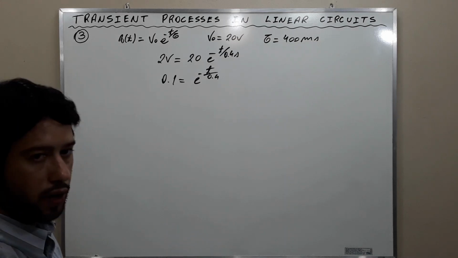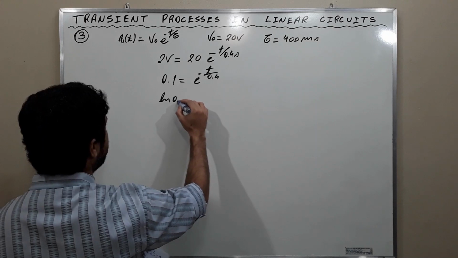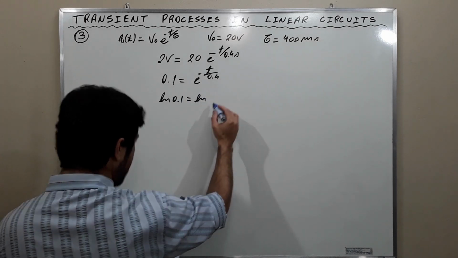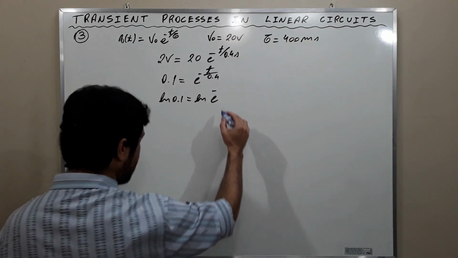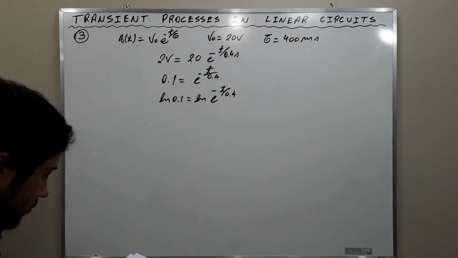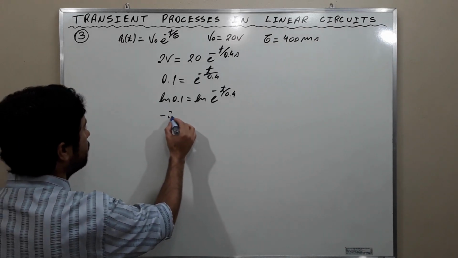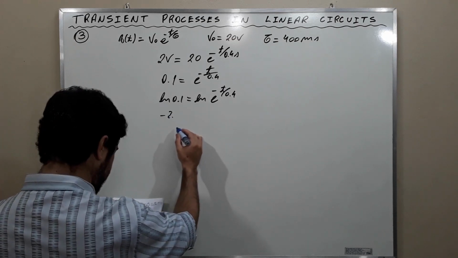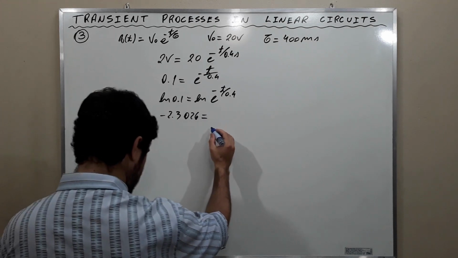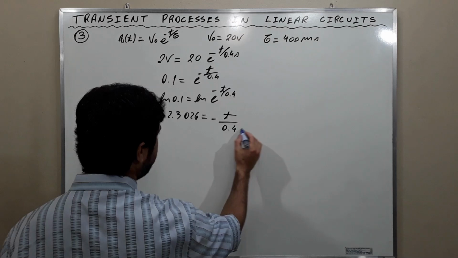Taking the natural logarithm, we find that ln 0.1 is equal to ln e raised to the power of negative t over 0.4. Negative 2.3026 is equal to negative t over 0.4.